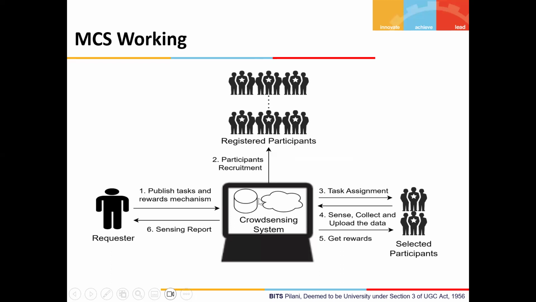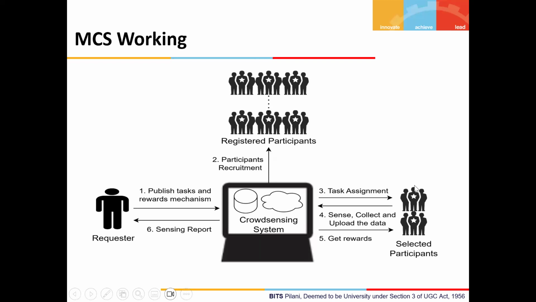This crowdsensing system will analyze the need of the requester and will recruit the participants. It will ensure that only the ones who can collect the required data participate in the system, right? Then this system will select some of them based on the requirement and assign the task to them.